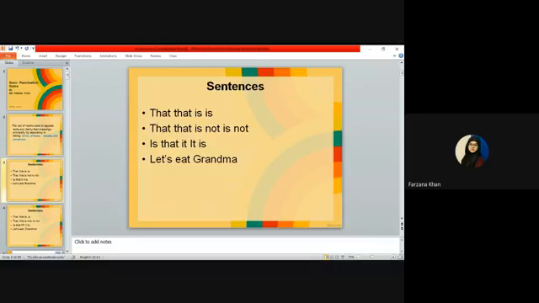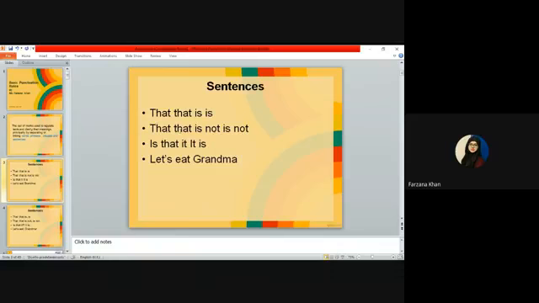Let me show you some examples. Here you can see the first sentence: "that is." It seems that it is not a sentence. These are basically four words arranged in a sequence, because it is not making any sense.